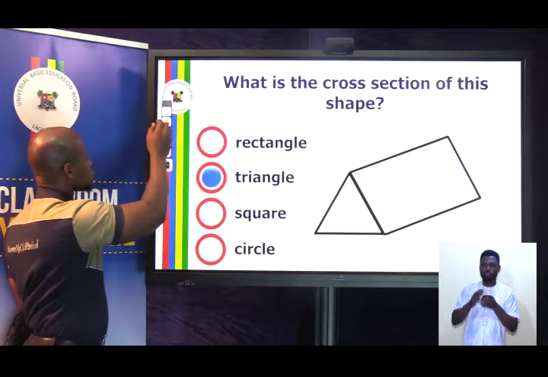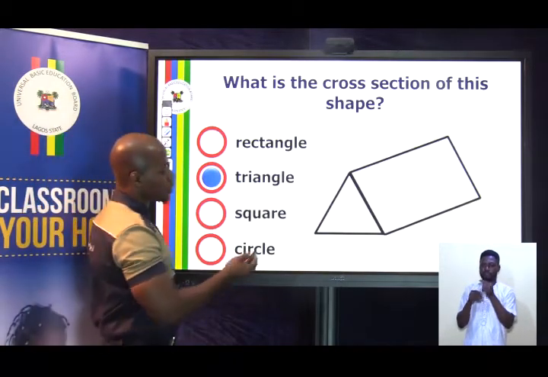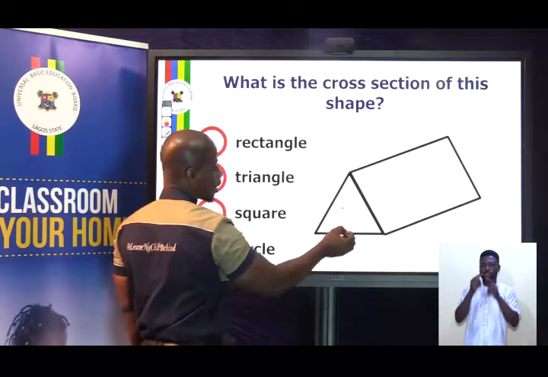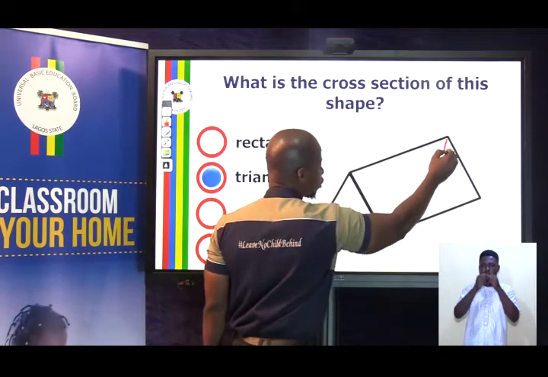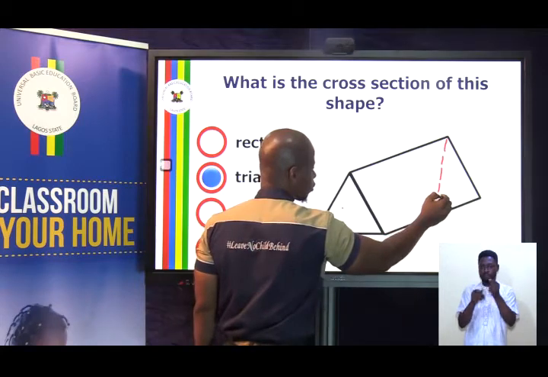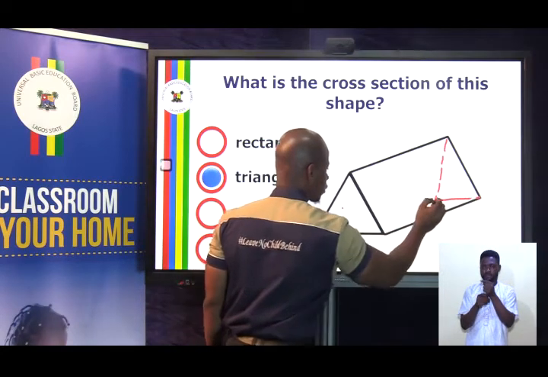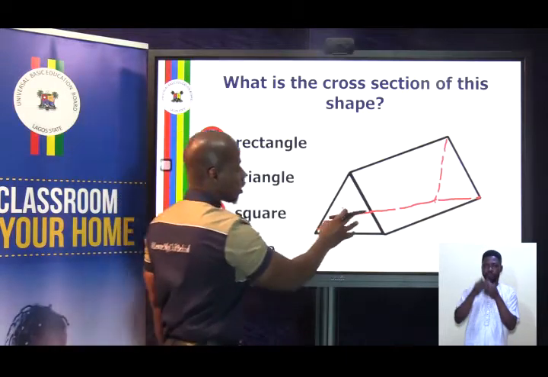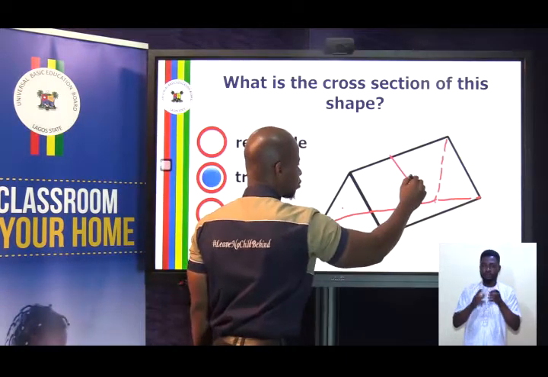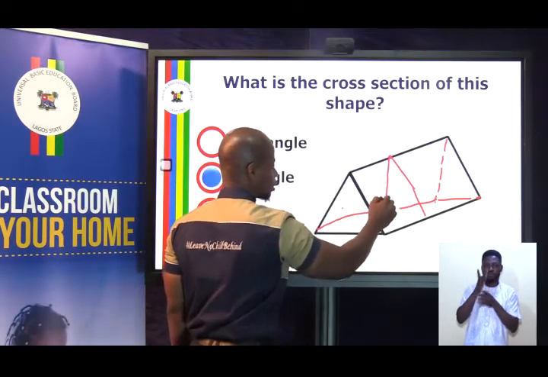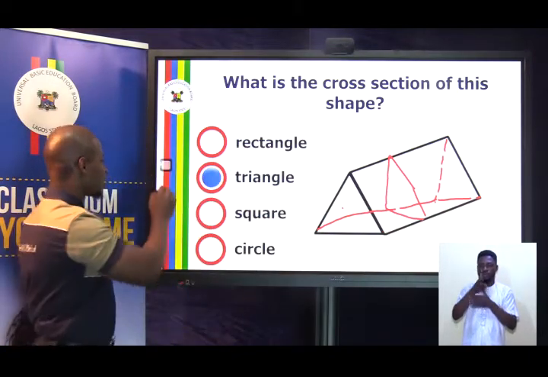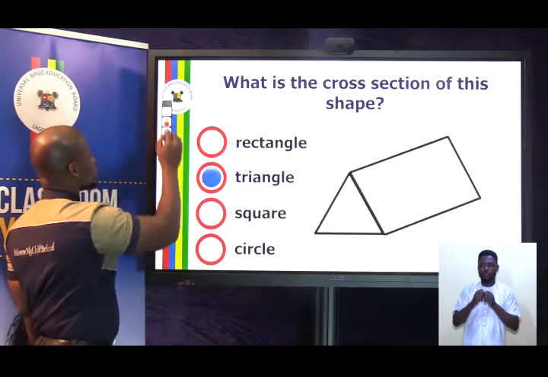Because if I cut this in the middle, well, this is a triangular prism. The front is a triangle and the back end is also going to be a triangle in this form. So front end triangle, back end triangle. So if you cut it along the middle as well, you will still get a triangle in the middle. So the cross section is a triangle. Moving on.